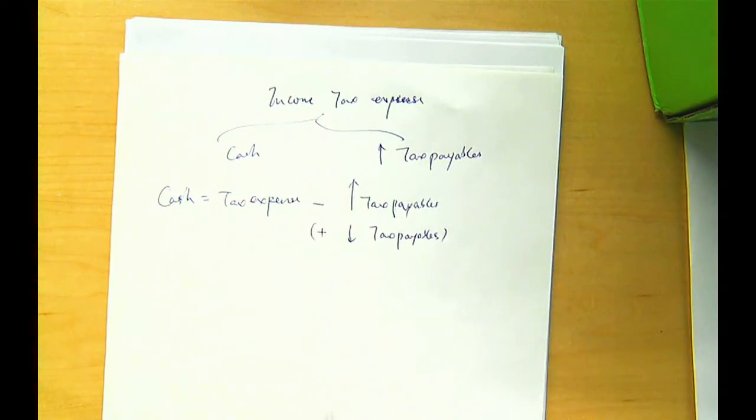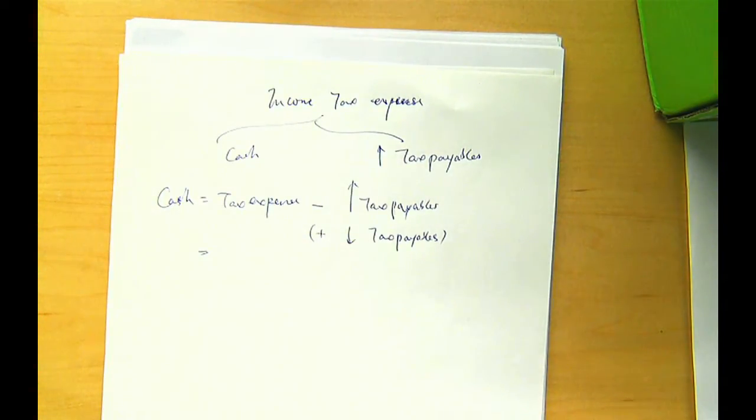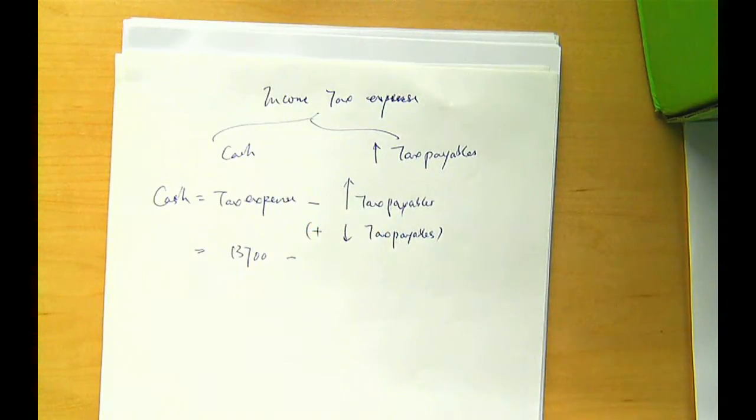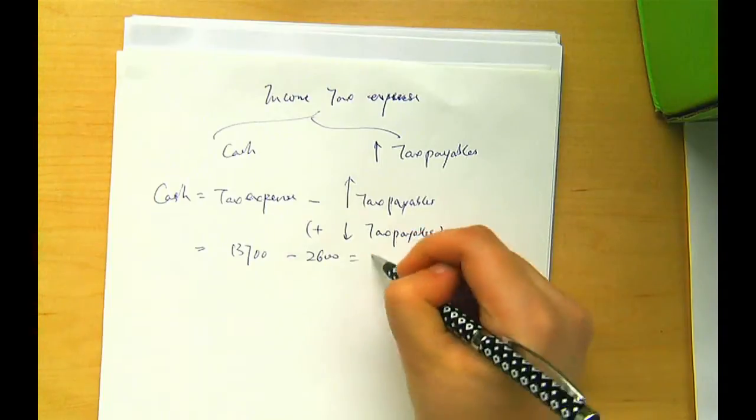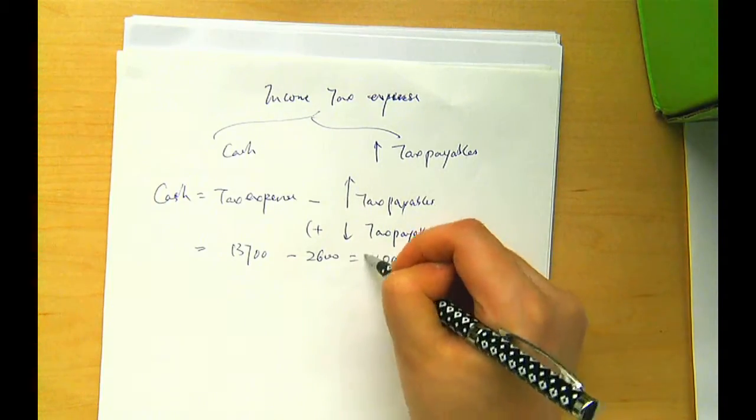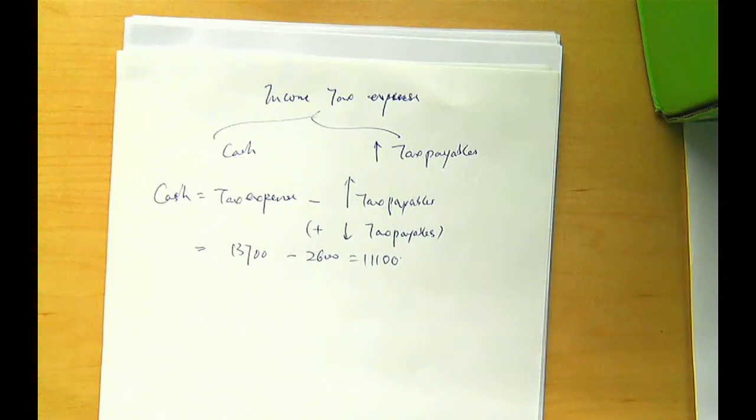So tax expense. Where do we find tax expense? Income statement. The changes in the payable again is on balance sheet, and we have an increase of 2,600. So far, we've already taken care of all the operating activities.